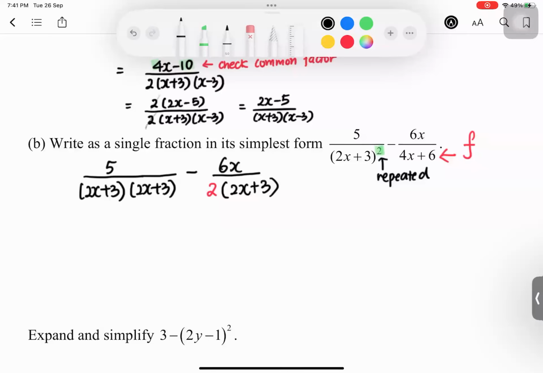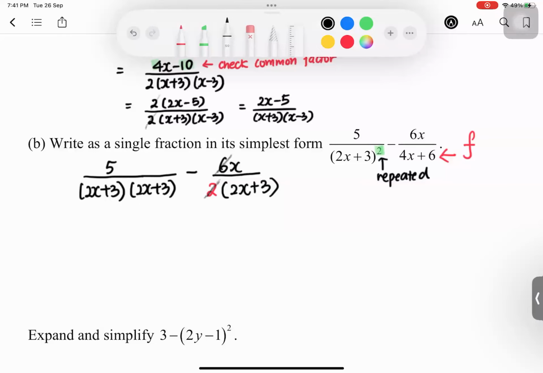Right. So you notice over here, this one got 2x plus 3. Now then we fully factorize already, right? Actually I can check. Can I simplify this? Do you notice that there's a 6 here, there's a 2 here? Can I simplify and cancel this fraction? The 6 and the 2, they are numbers, they are factors, right?